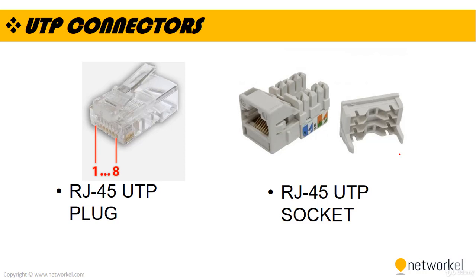The RJ45 connector is an 8-wire connector commonly used to connect networking devices such as switches, routers, or PCs to a local area network. This connector is commonly used with Cat5 or Cat6 cables and consists of 8 pins. Here is the male connector, and here, as you can see, is a female connector.